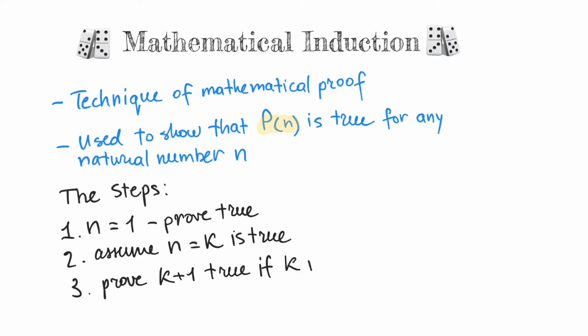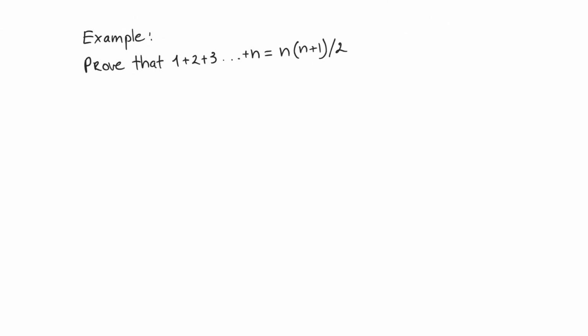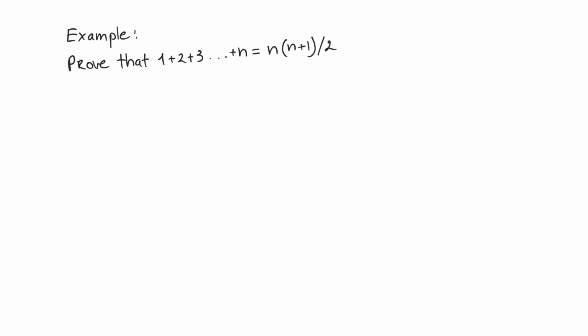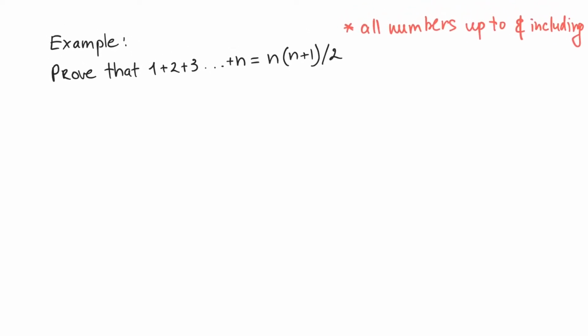Now, it all might sound a little bit confusing and complicated in theory. However, when we get to practice, you're going to see that it's much more straightforward. So let's go ahead and try to prove a pretty simple statement. We have to prove that the sum of any number up to and including n equals this formula here. We'll start by having our basis checked.